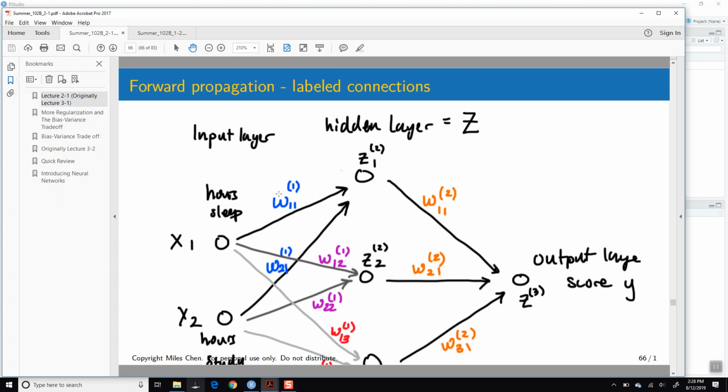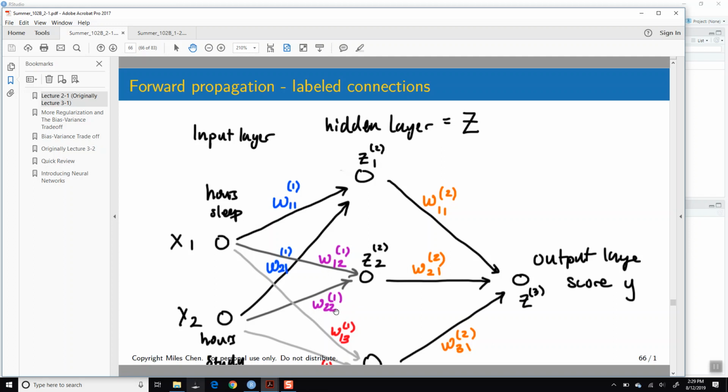This is W11, the weight from node 1 to node 1. This is W21, the weight from node 2 to node 1. This one's W12, the weight from node 1 to node 2. And this is W22, the weight from node 2 to node 2. So that's how I've labeled these.